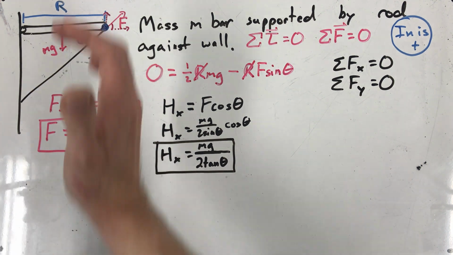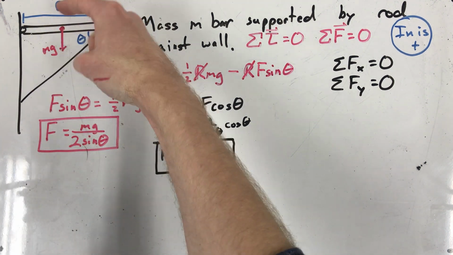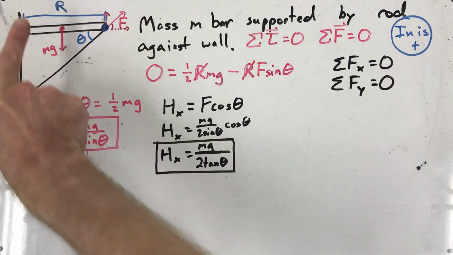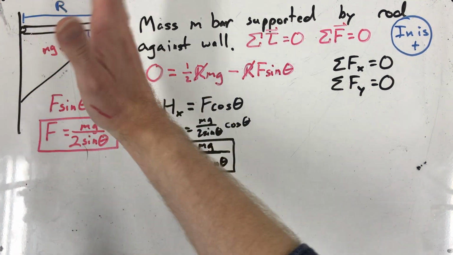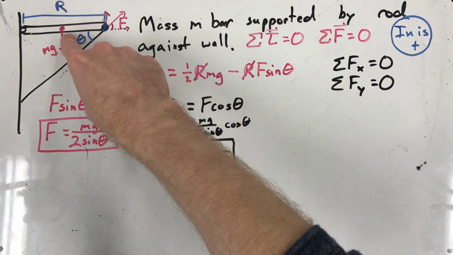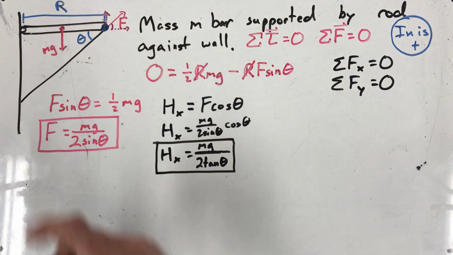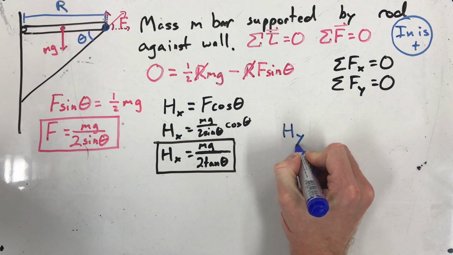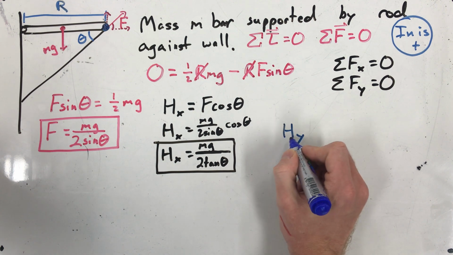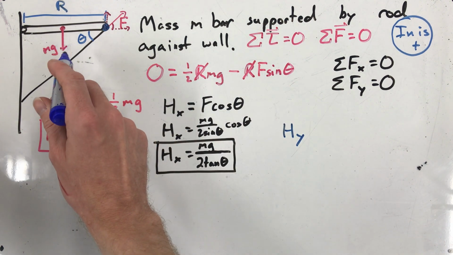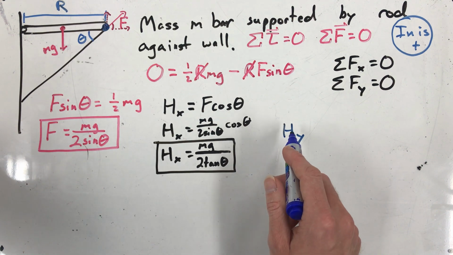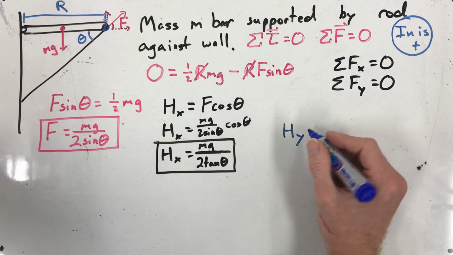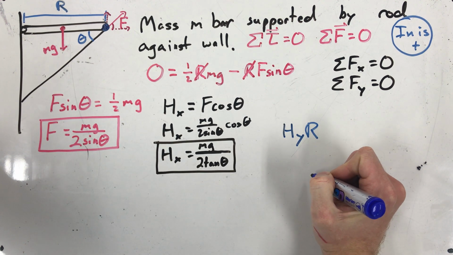This force is exerting a torque that way, which means that the hinge has to be exerting a torque that way to keep this thing from rotating down. It has to balance out with the torque caused by mg. So I can say that the y component, hy, is going to have to exert a torque to counter the torque caused by mg. The torque caused by the y component of this force from the hinge pushing up should be equal to hy times r.